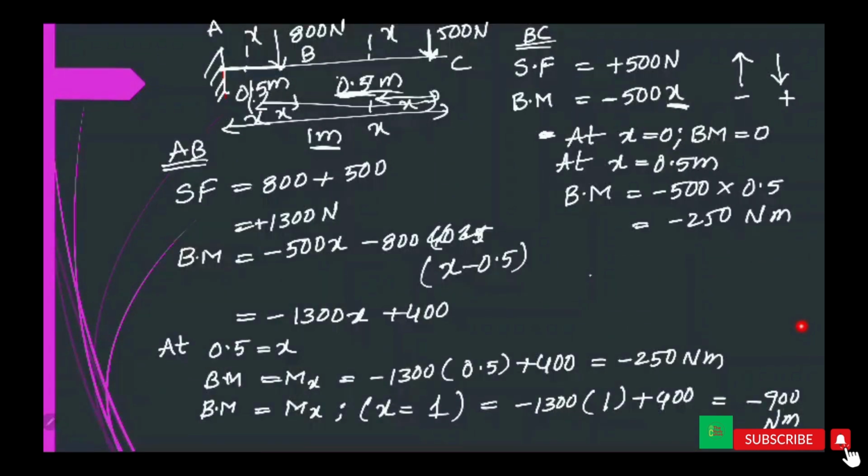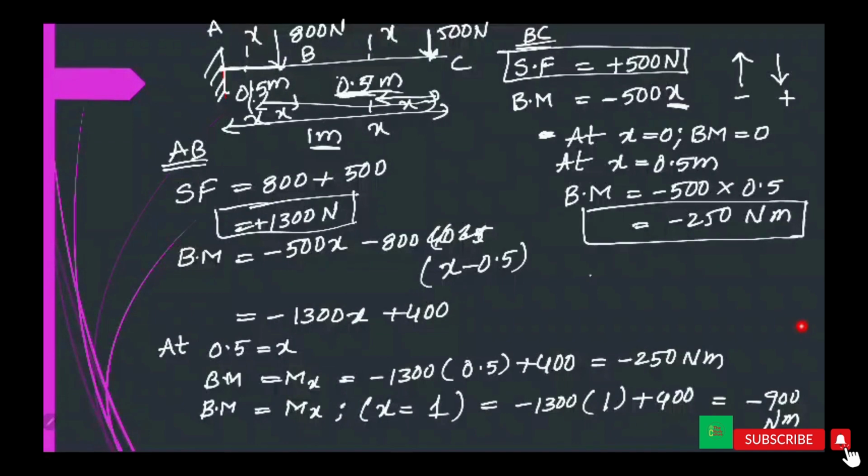Remember, for BC shear force is 500, for AB shear force is 1300 Newton. Bending moment for BC is minus 250 Newton meter, for AB minus 900 Newton meter.